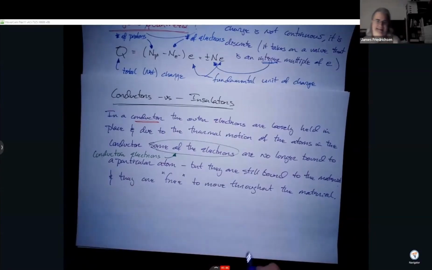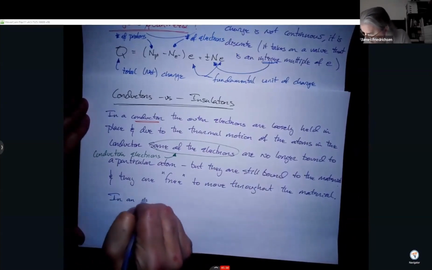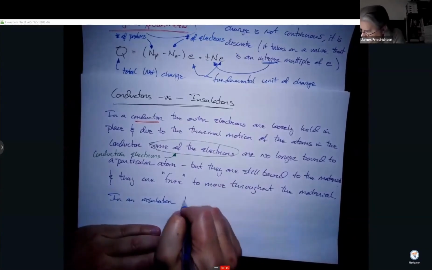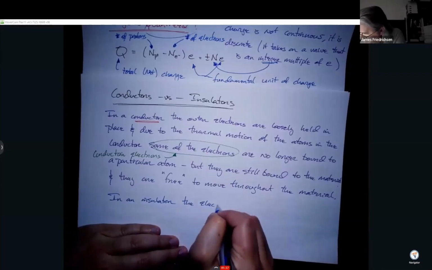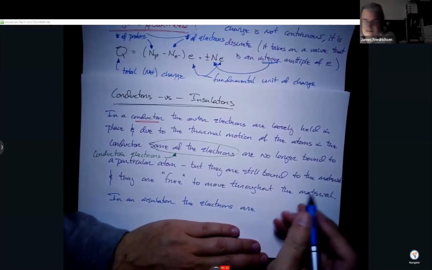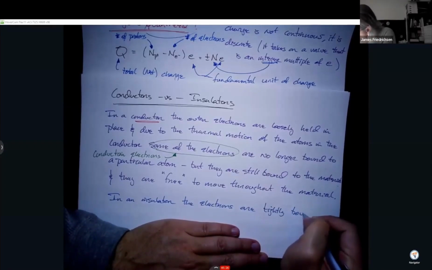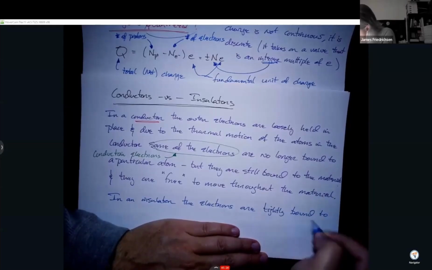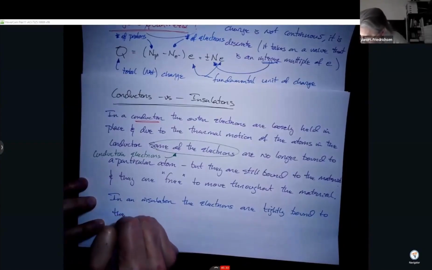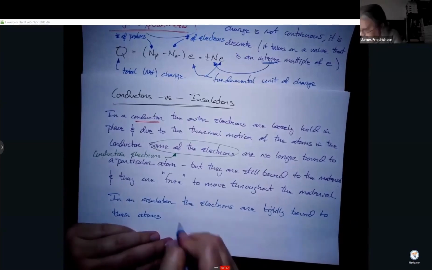And what we get is that in an insulator, the electrons are tightly bound to their atoms.